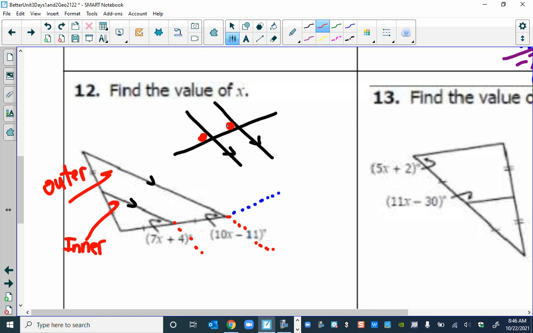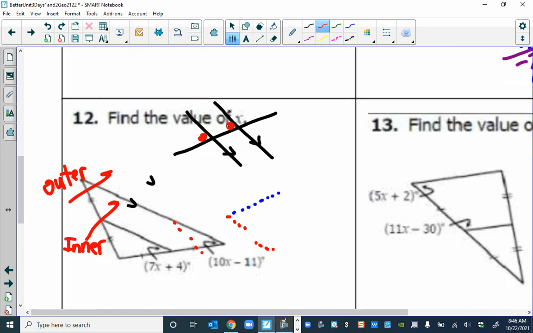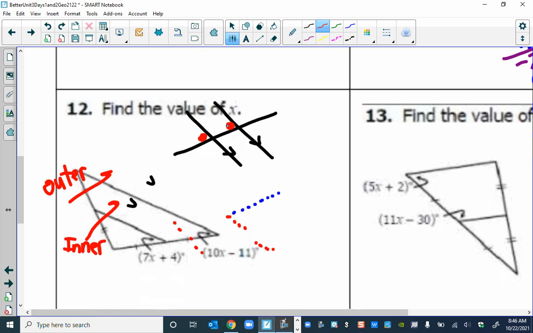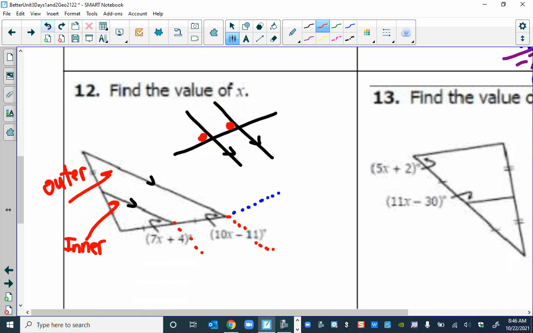What can we say about these two angles in relationship to where they're located in the intersection? Anybody remember? That was all of Unit 2. That was part of your test. What type of angles? Let's say we talk about these two specific angles.